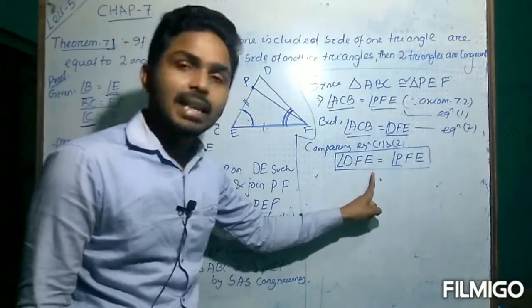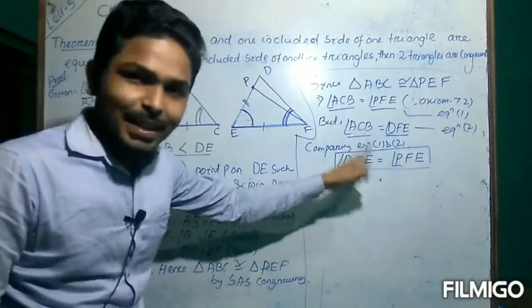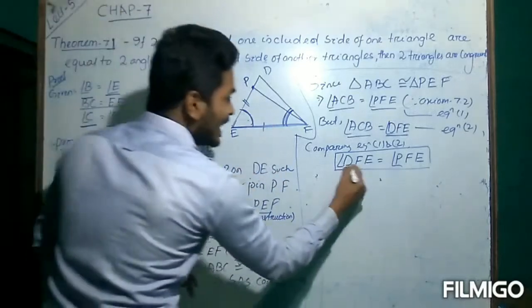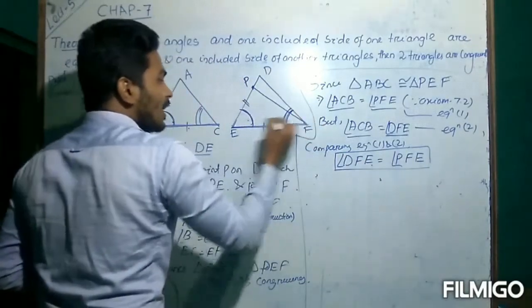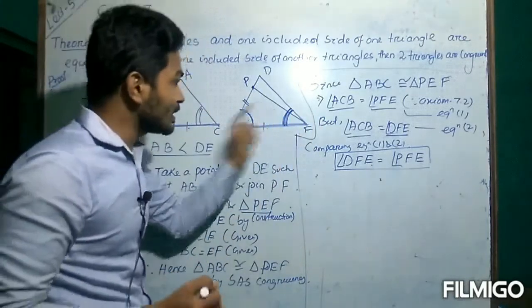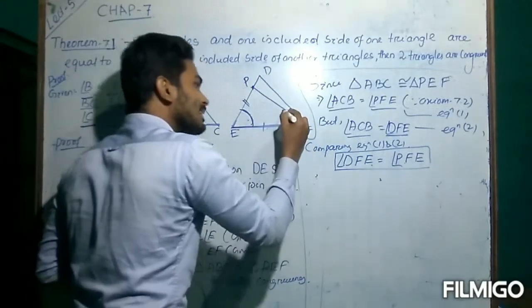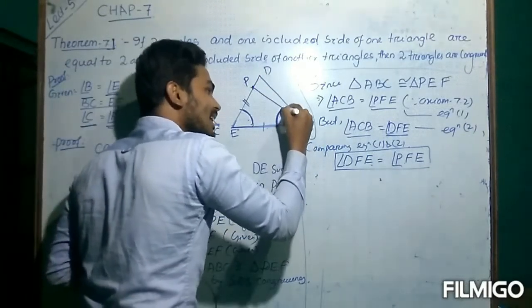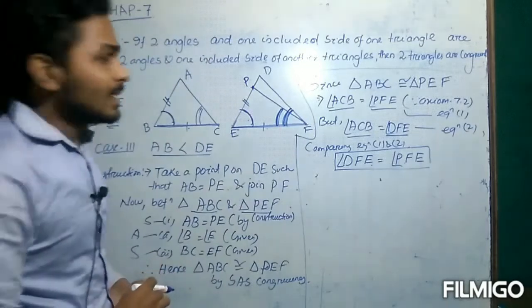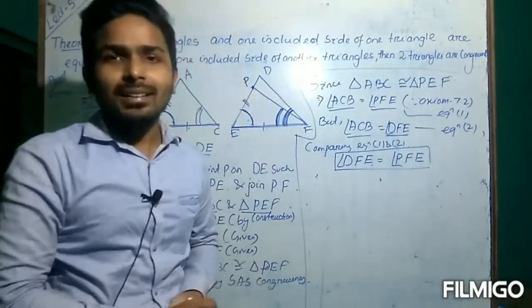We get angle DFE is equal to angle PFE. So what does it represent? See, DFE means the total angle. Okay, carefully look at this. PFE, that means this angle. So we proved that this total angle, this large angle, is equal to this small angle.